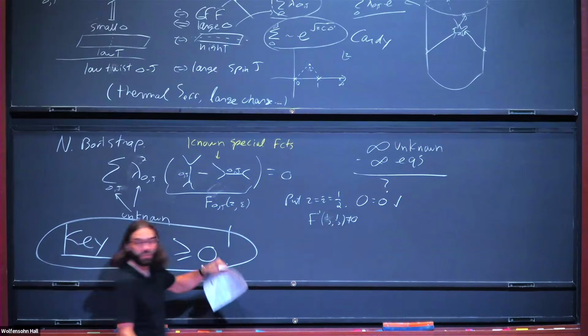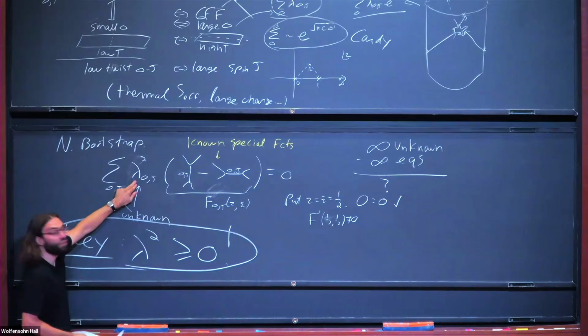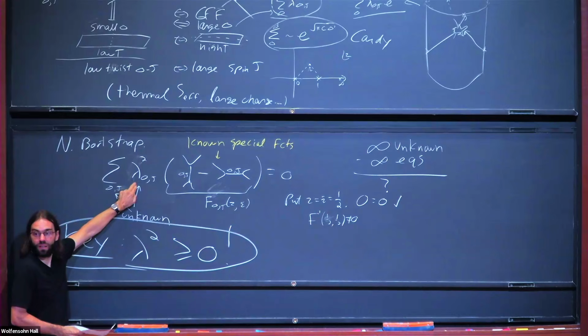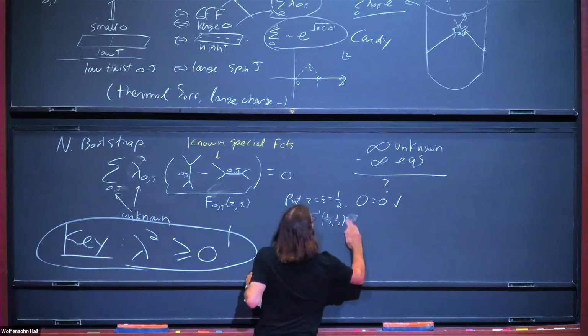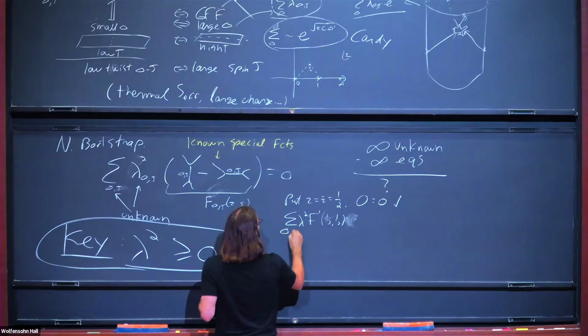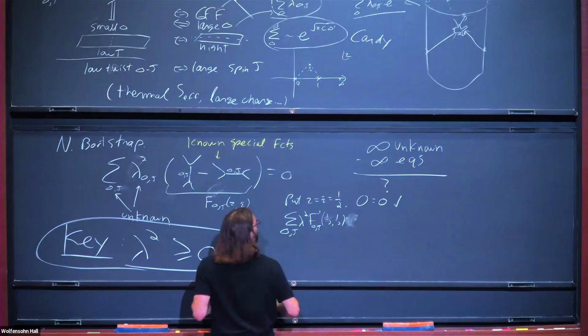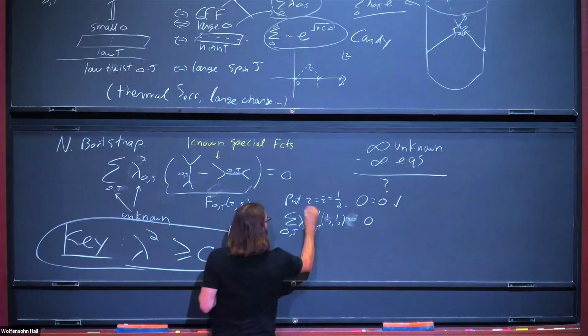It gives an interesting sum rule that these coefficients have to satisfy if the theory works. If you take the sum over lambda squared over all possible operators in your theory, that has to give 0. So that's a constraint on these lambda squares.